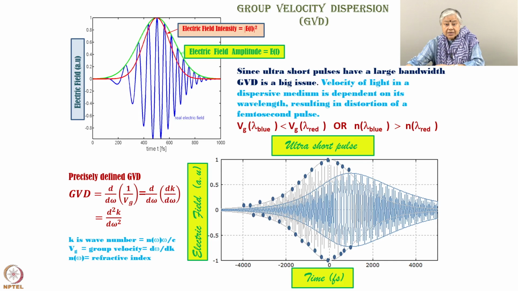Suppose I consider this as a pulse here. The green line gives you the electric field, which is in arbitrary units, and this is a wave packet.